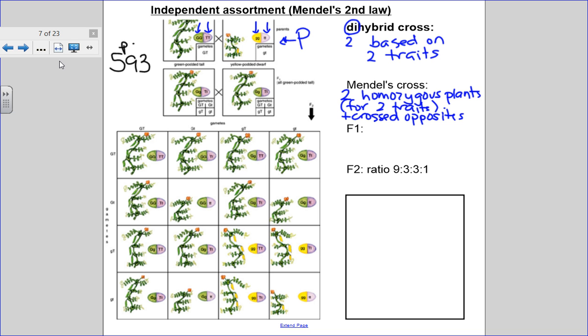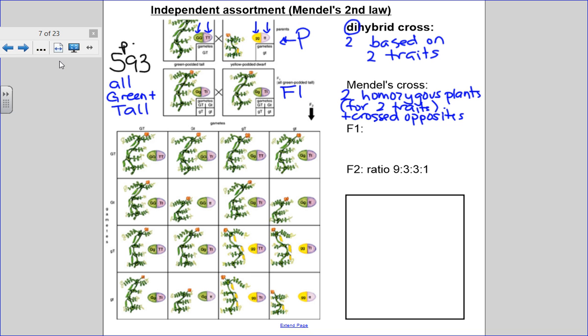The first generation, the F1 generation, just like in his previous crosses, had organisms that only showed one of the two traits. In this cross, everything in F1 were green and tall. So based on our operational definition of what dominant means, that means that green and tall are the dominant characteristic.